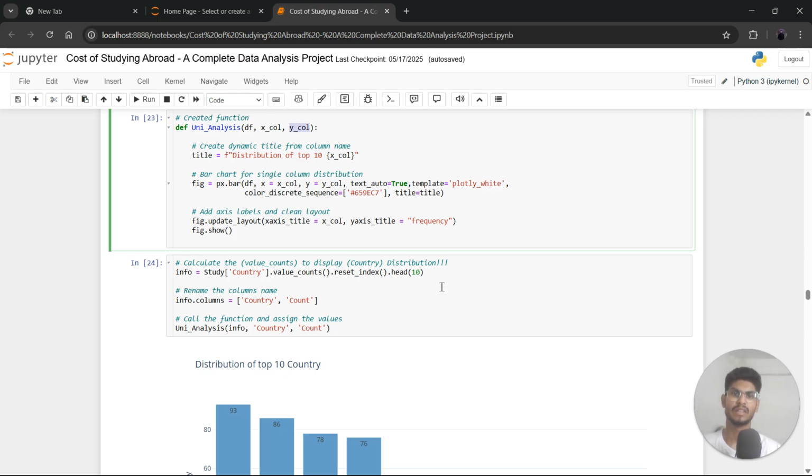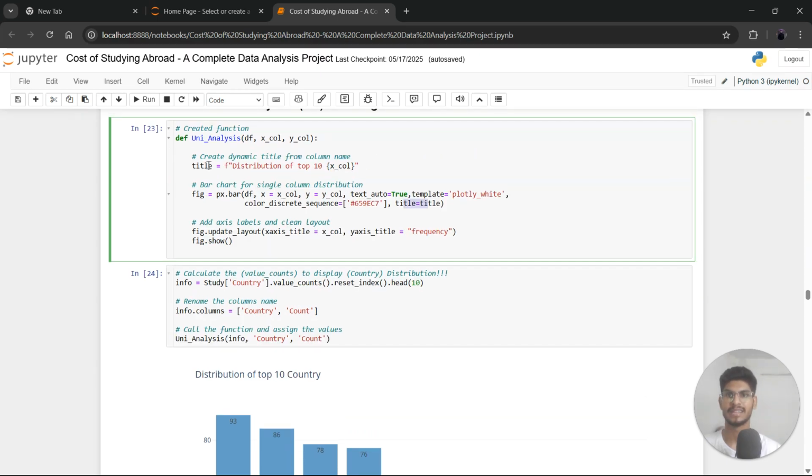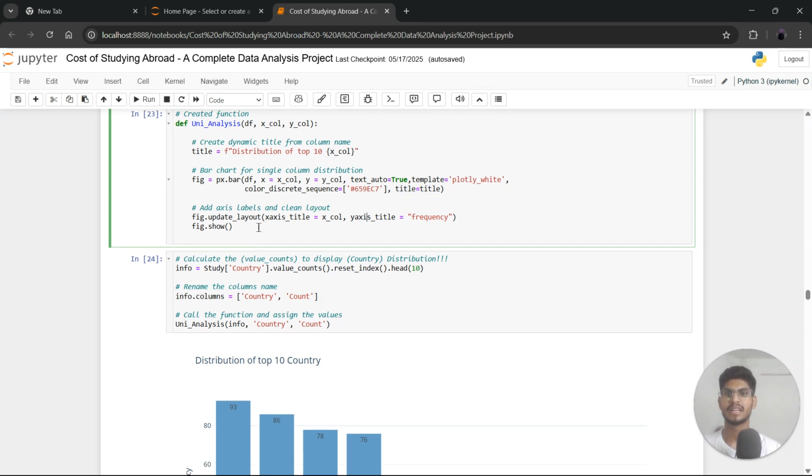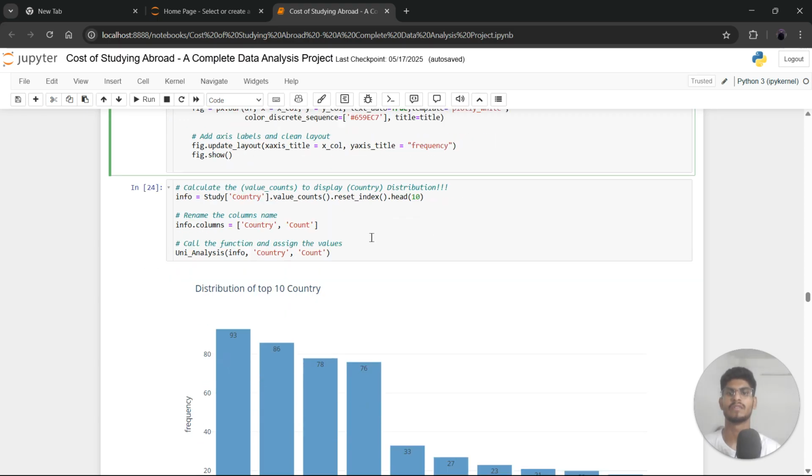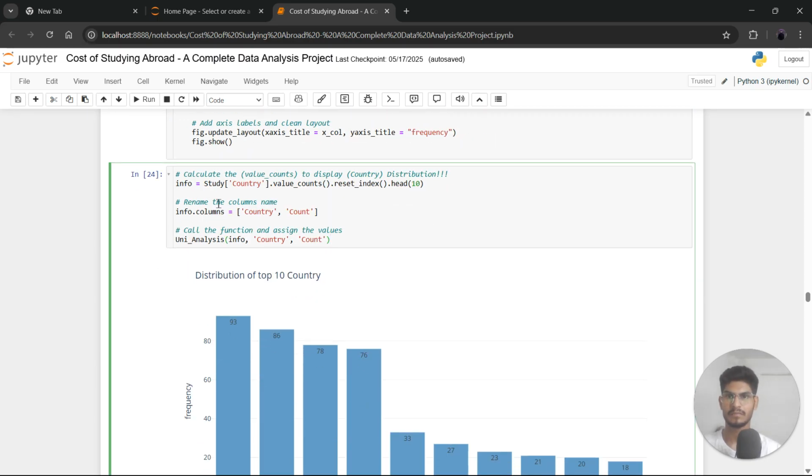I will explain everything. Template is equal to plotly white. Color discrete sequence is the color of the bar chart. And then title is equal to title. We are using this title to give the title to the graph. We are using it to update the x label, y label, and the title of our graphs.